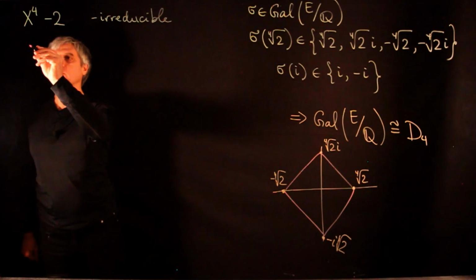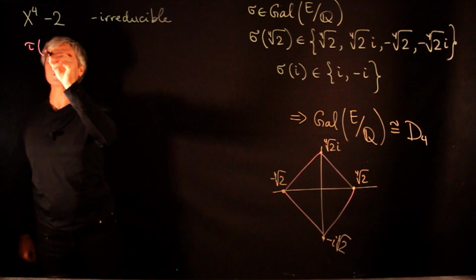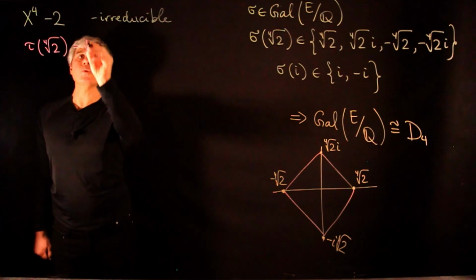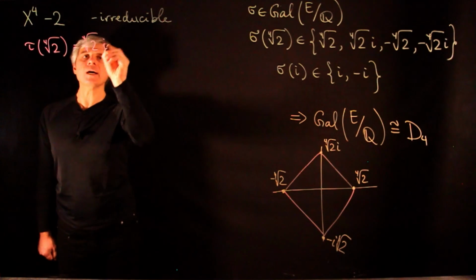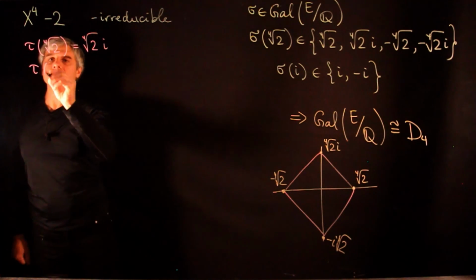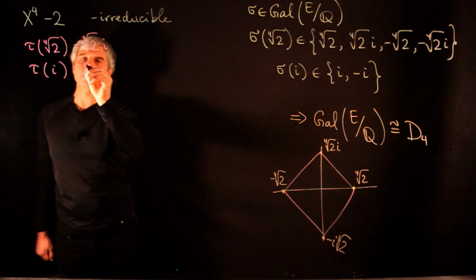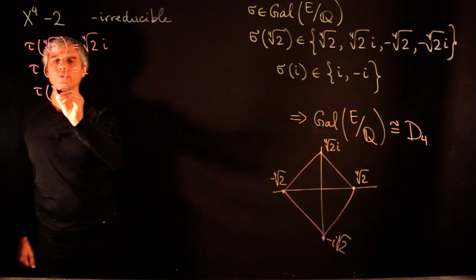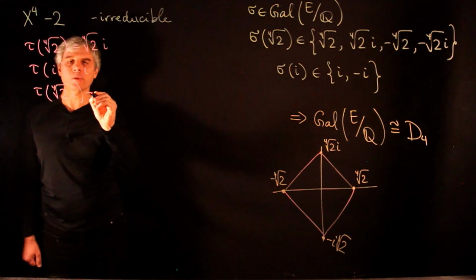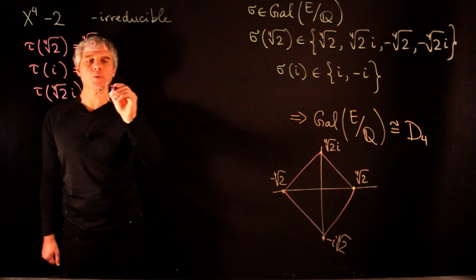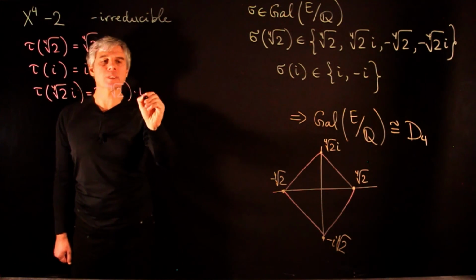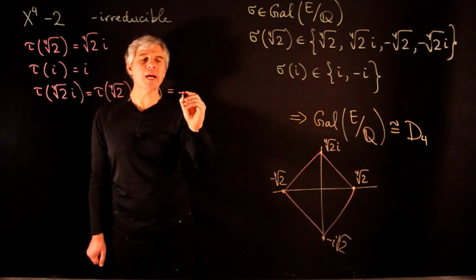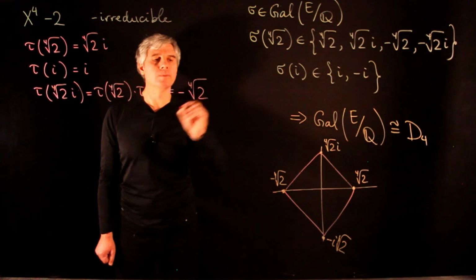Let us consider the following element. Suppose tau sends fourth root of 2 into fourth root of 2 times i, and tau sends i to i. Then what is tau of fourth root of 2 times i? This is tau of fourth root of 2 times tau of i, and this is equal to minus fourth root of 2.